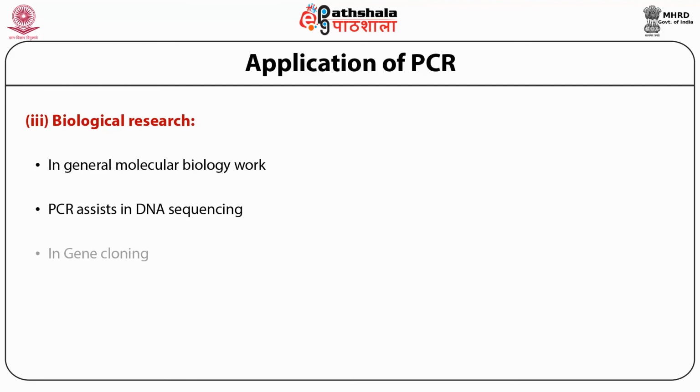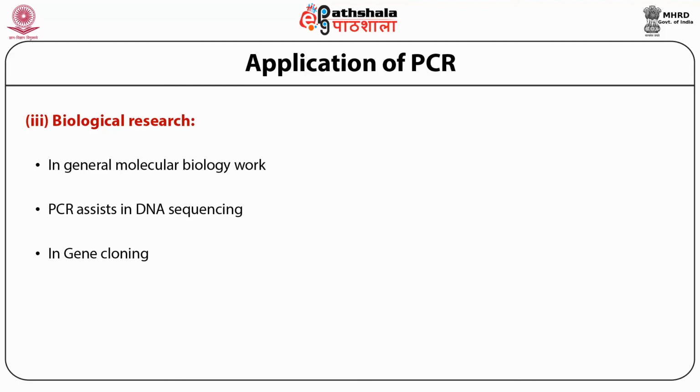In gene cloning, PCR can extract segments of DNA from a large genome for gene cloning and can be further inserted into a host by means of a vector. By a single set of primers specific to the vector, the cloned fragment can further be extracted out from the host.